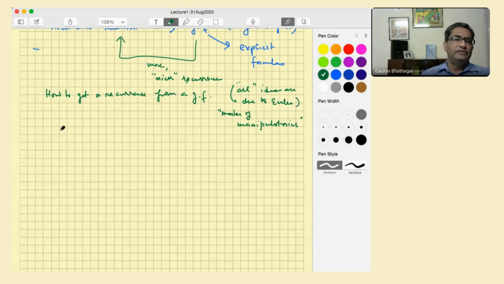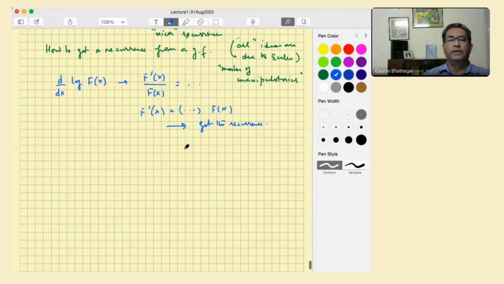So how to get a recurrence from a generating function: we will get a generating function for Bn from this, and the idea is called a logarithmic derivative. If this is a generating function f, you take its log and then you take d by dx of the log. So you get f prime of x over f of x equal to something, and then f prime of x equals this something times f of x, and from here you get the recurrence.